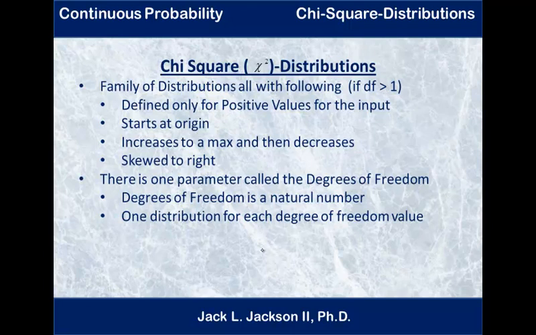So unlike the t and the normal distribution that go from negative infinity to infinity, this is a lot more like the exponential distribution we looked at, where it goes from 0 to infinity. Again, we have one parameter called the degrees of freedom, it's a natural number, and we get one distribution for each degree of freedom.